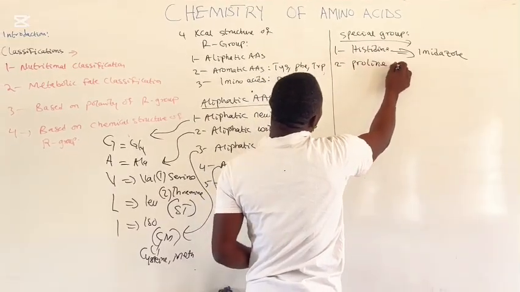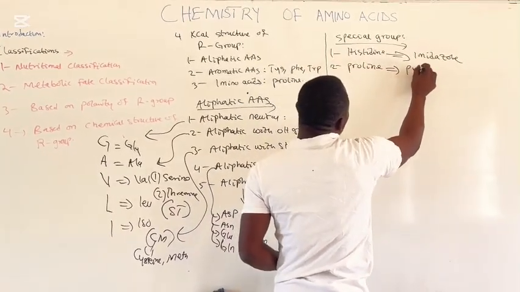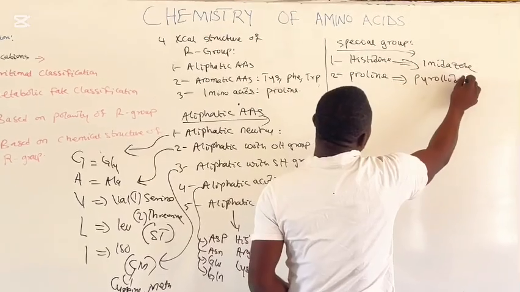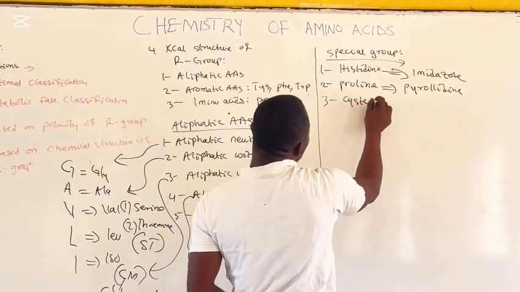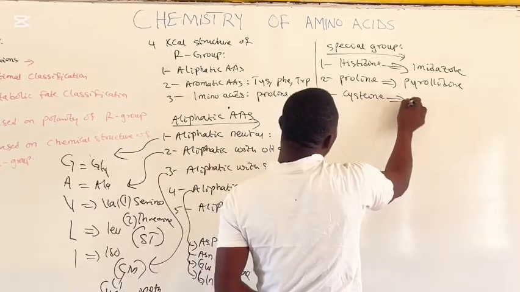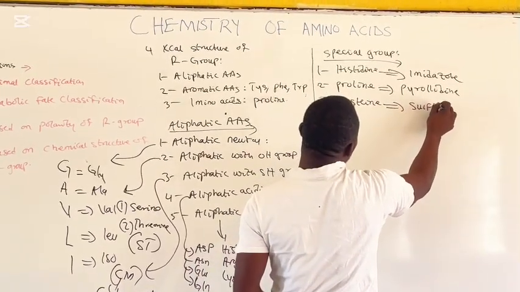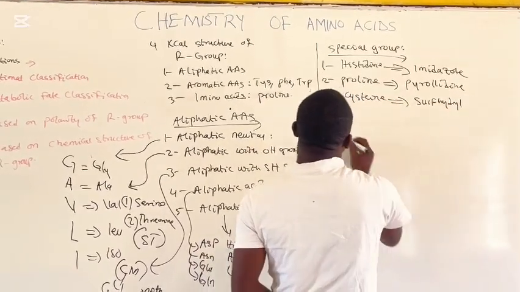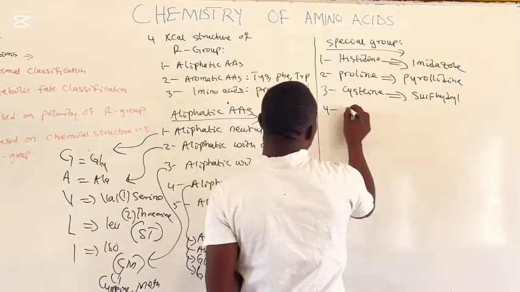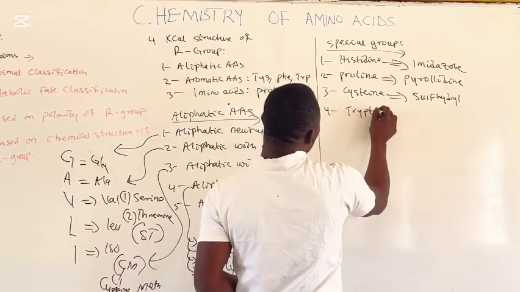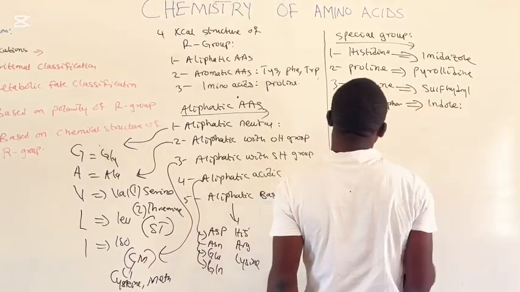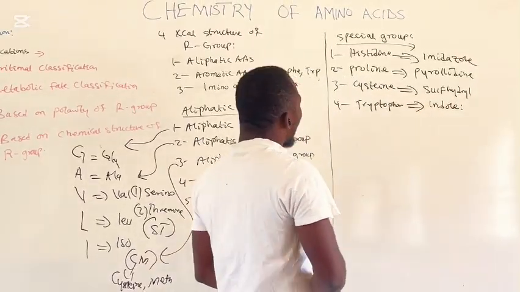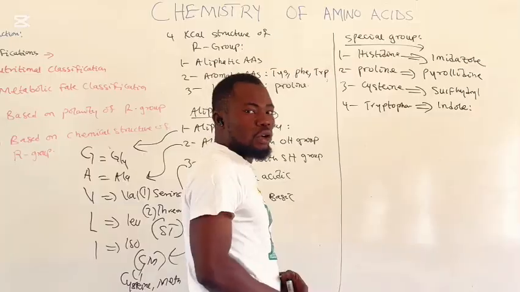Proline has a special group called pyrrolidine. 3. Cysteine has a special group called sulfhydryl. 4. Tryptophan has a special group called indole. So these are the common amino acids that contain special groups.